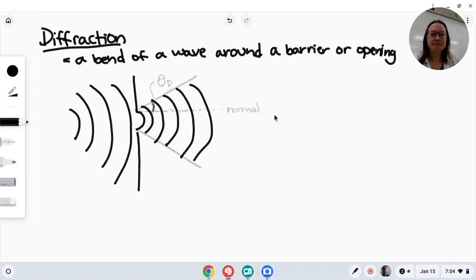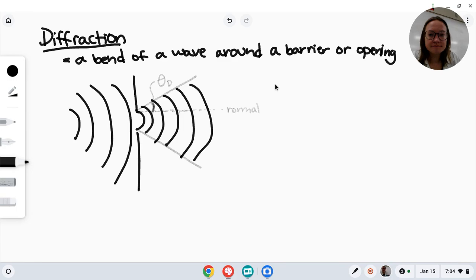Now here's an equation that you don't necessarily need to apply any math to, but you do need to understand. So we're not going to plug in any numbers here, but you do need to understand this equation. This equation is called the diffraction equation, and it shows how much a wave will diffract when it goes out a certain opening.